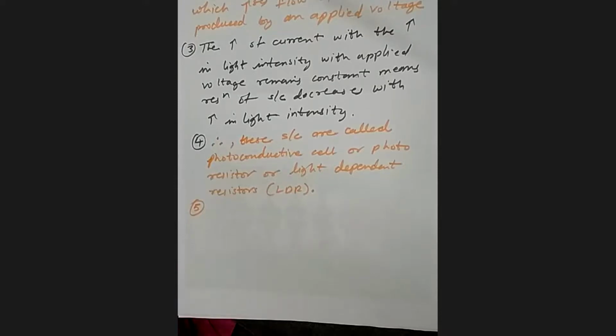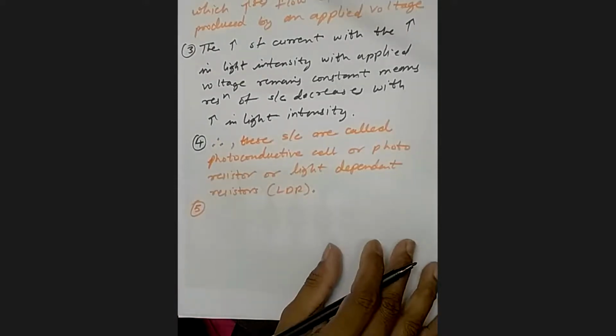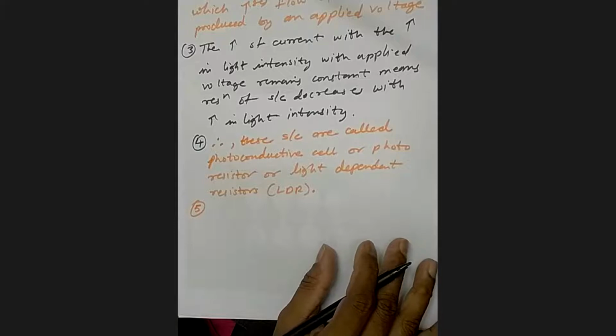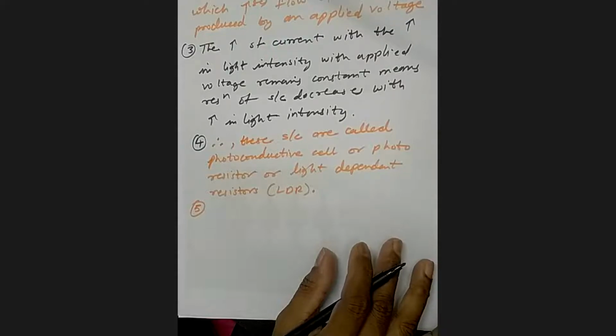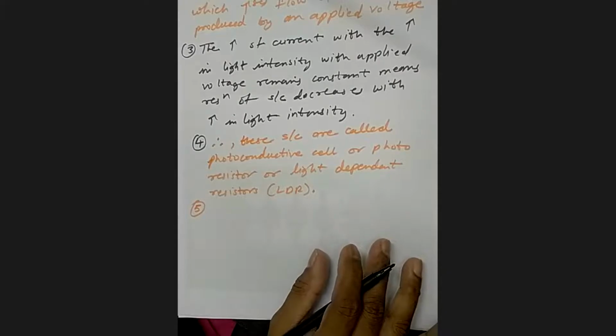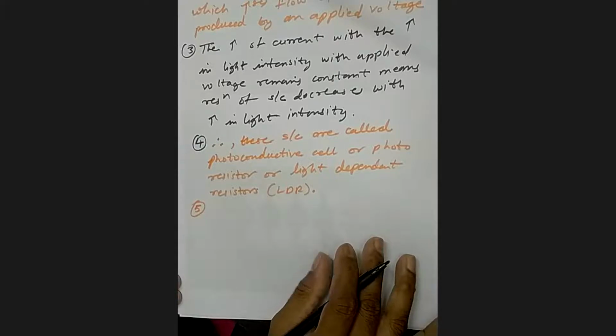So the most commonly used material is cadmium sulfide with the energy band gap of 2.42 electron volt, and cadmium selenide with the energy band gap of 1.74 electron volt. Silicon is having energy band gap of 1.12 and germanium is having energy band gap of 0.66 electron volt.